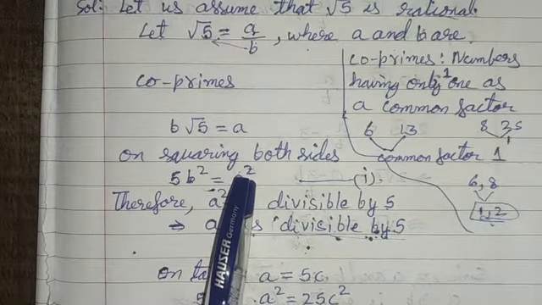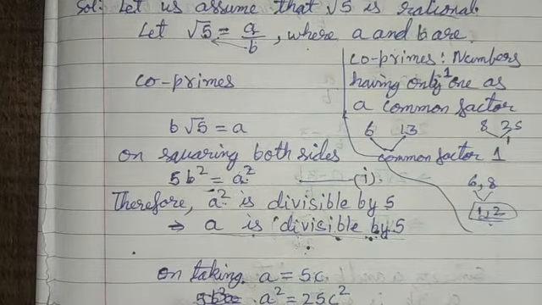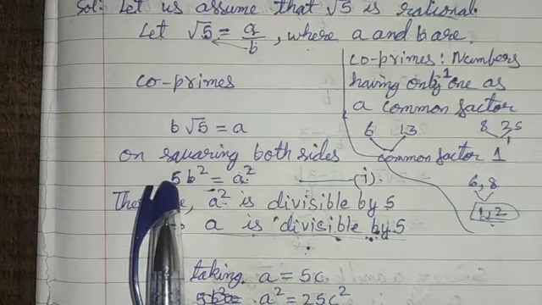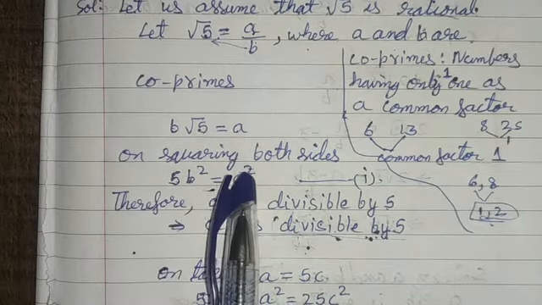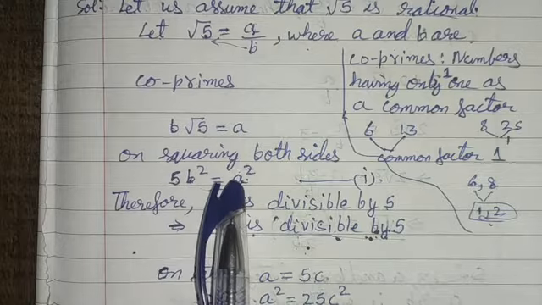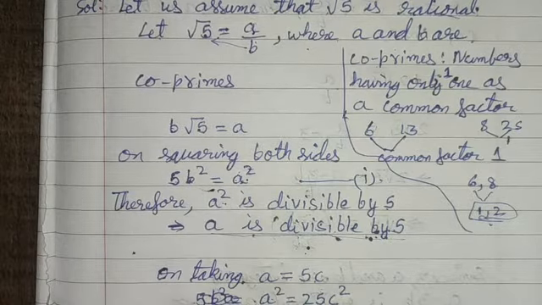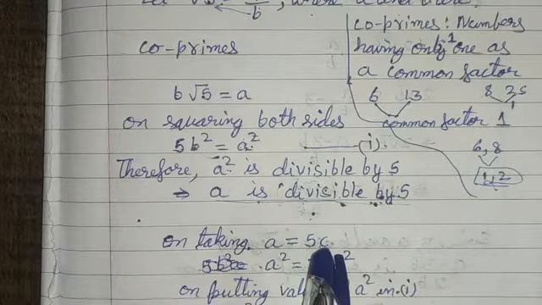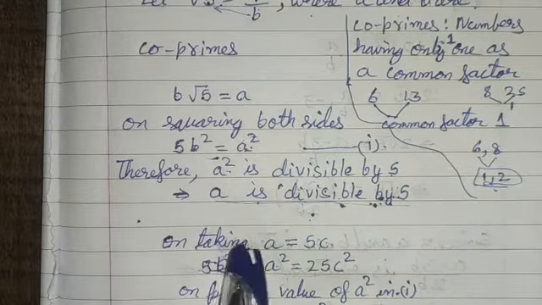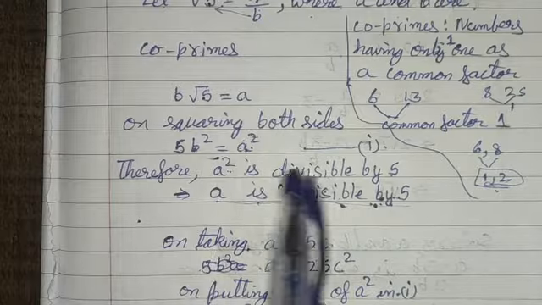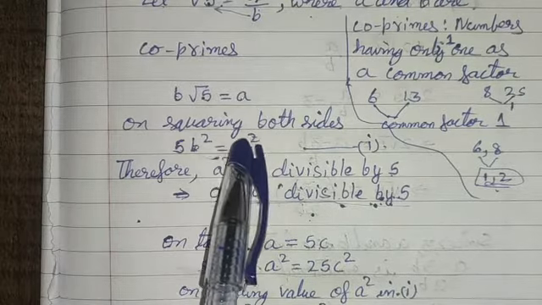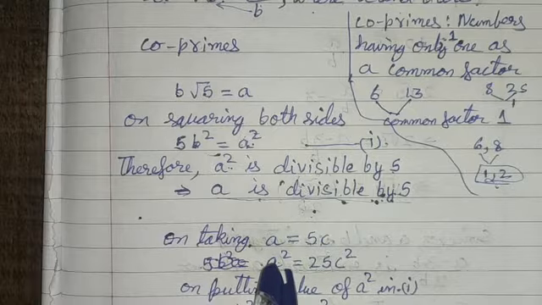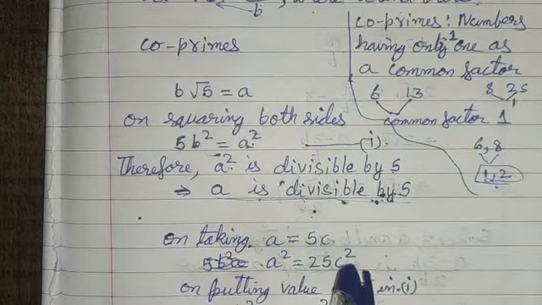What does this mean? Now a and b have no common factor, therefore we can say that a square is divisible by 5, and if a square is divisible by 5, then a will also be divisible by 5. Now take a equal to 5c, and put this in equation number 1. Here a square will be 25c square.